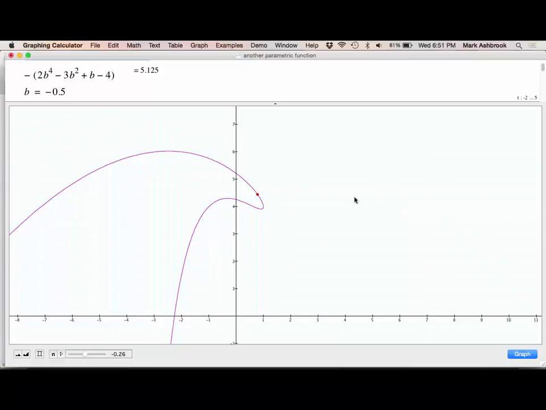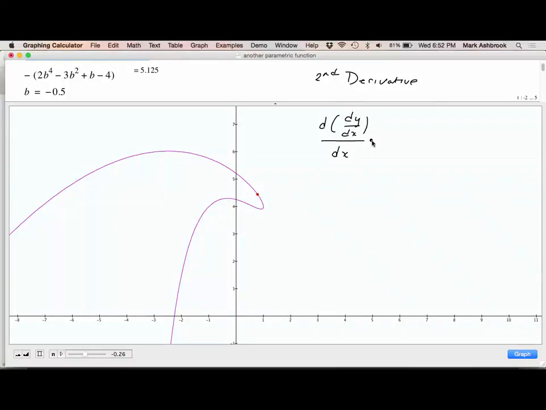Okay, so how are we going to do that? So we've got the dy dx. What we want then for the second derivative is the derivative of the first derivative with respect to x. Okay? But remember, this is in terms of t.